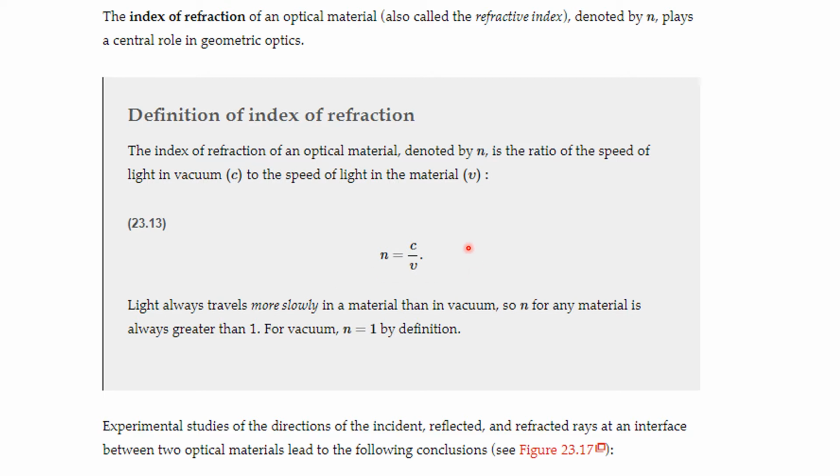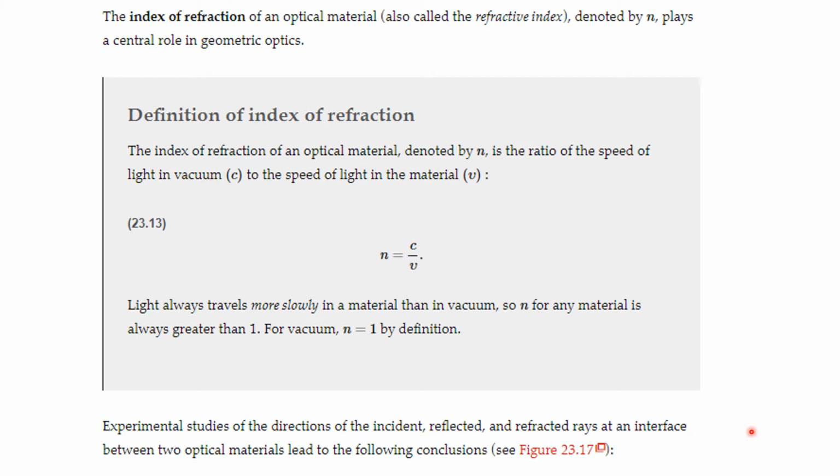And so n is equal to c divided by v. Now light always travels more slowly in a material than in a vacuum, so the denominator is less than the numerator. So n for any material is always greater than 1. And by definition, n is equal to 1 for a vacuum.